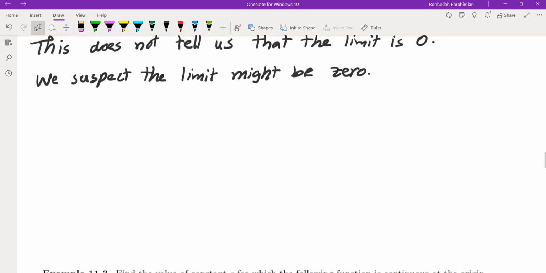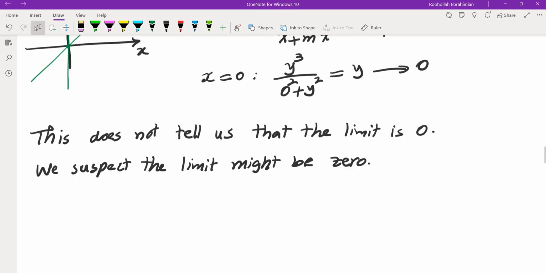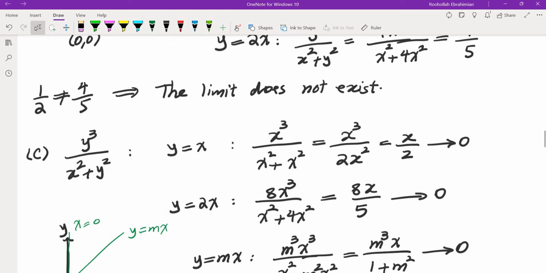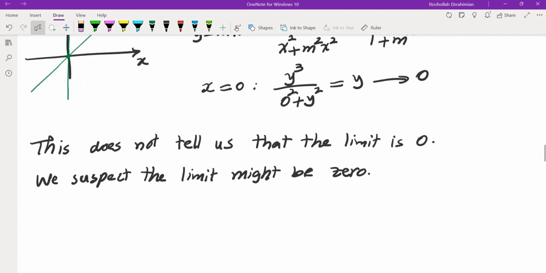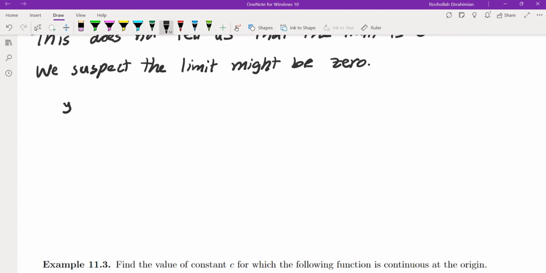Okay, so let's now prove that in fact the limit is 0. So in order to solve the problem, we will use squeeze theorem. So let me go over this one. And there's two methods for using squeeze theorem for this particular problem. So if you look at the function y cubed over x squared plus y squared, well, I know that x comma y approaches the origin. So what does it mean?